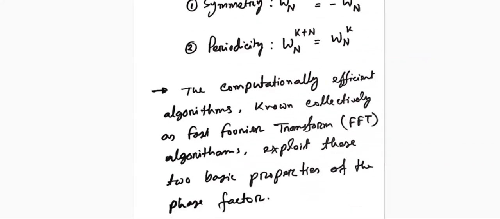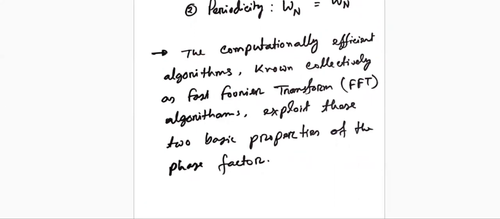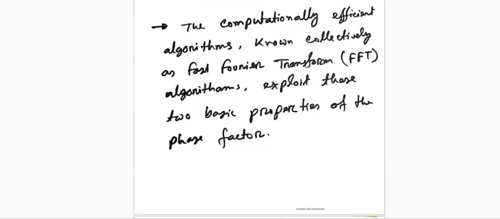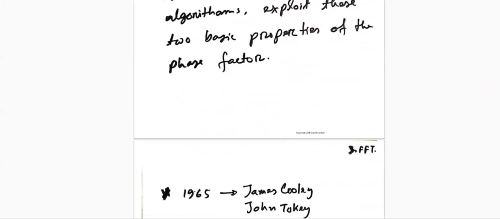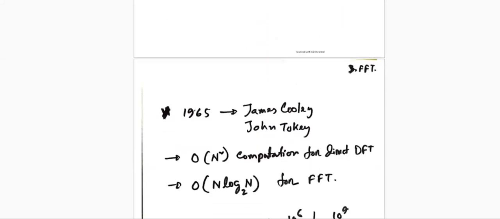The computationally efficient algorithms known collectively as Fast Fourier Transform algorithms exploit these two basic properties of the phase factor. There are several algorithms to make things faster, and collectively these algorithms are known as Fast Fourier Transform. Today we'll explain one of those. If you are interested, there are some books.